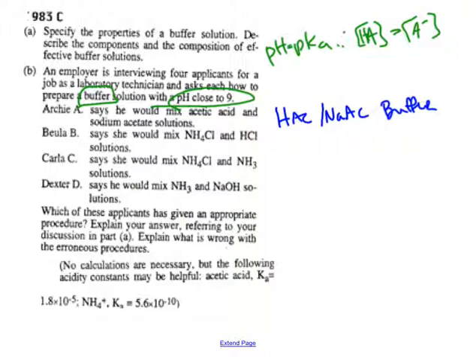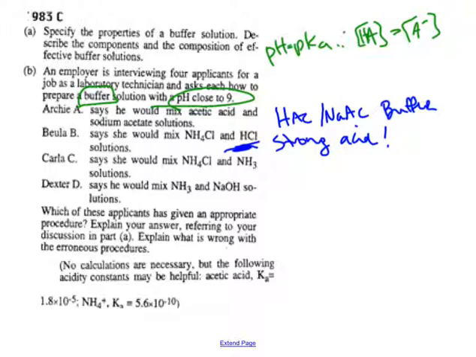Well, yeah, they're both acids. It's kind of a problem, but there's one thing that is the first thing in the definition. Because this is a strong acid. You can't make a buffer with a strong acid. So Beulah messed up. Beulah needs to go look elsewhere. I'm not hiring her. I already know that.